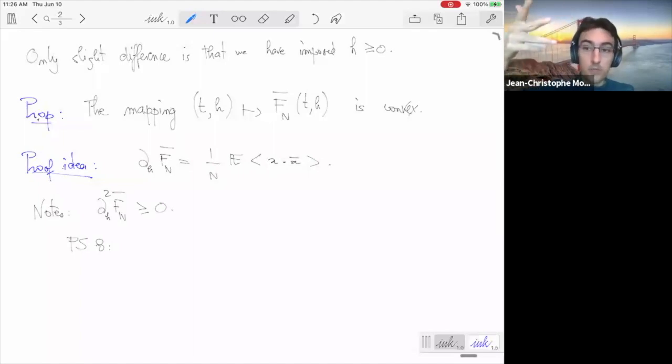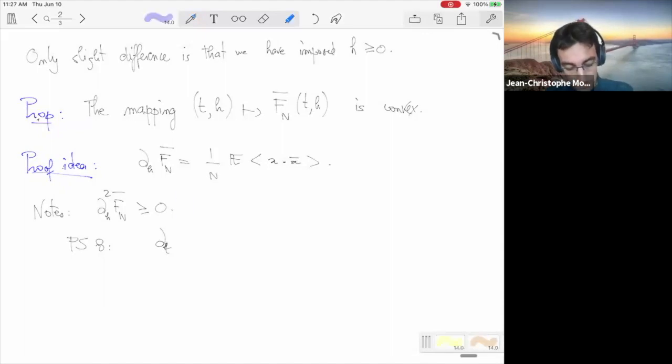Just as we discussed, when you differentiate in T, the only thing that changes is that you replace all of the x's by xx transpose, all of the x bar by x bar transpose, etc. So if you look at the notes to get this result, then it's not difficult to see that the same non-negative thing will be true if we differentiate twice with respect to T.